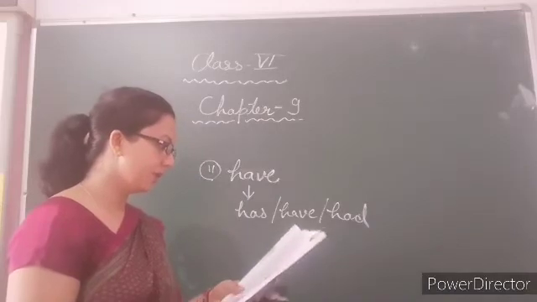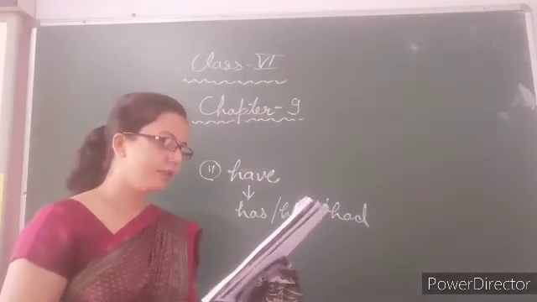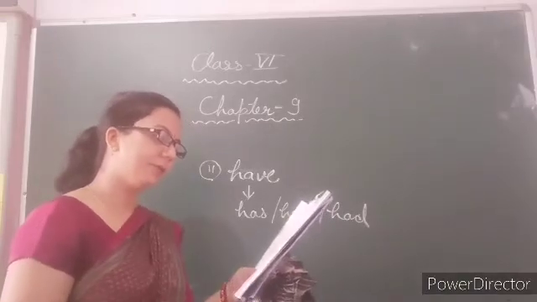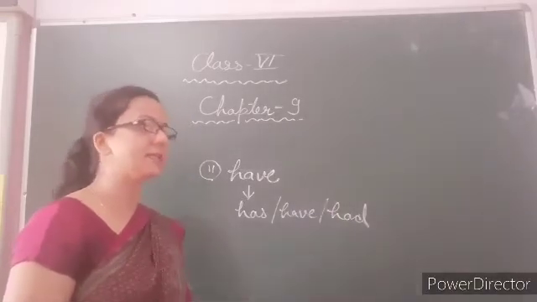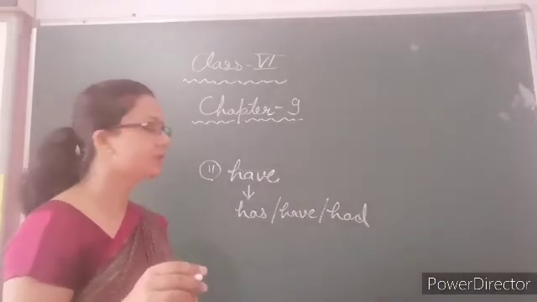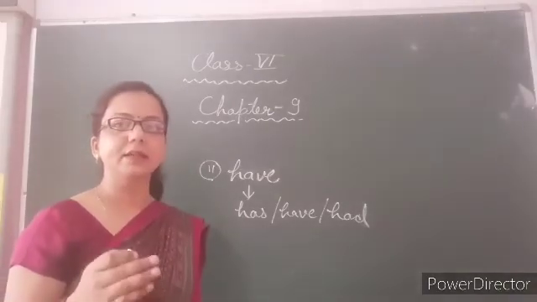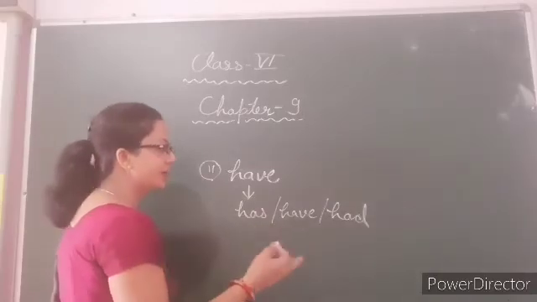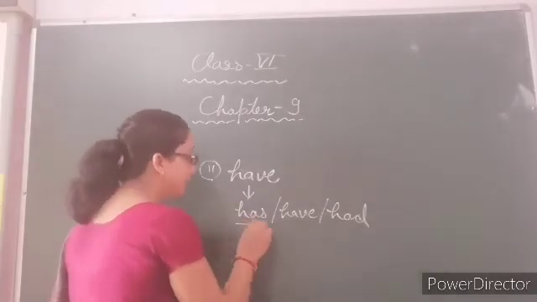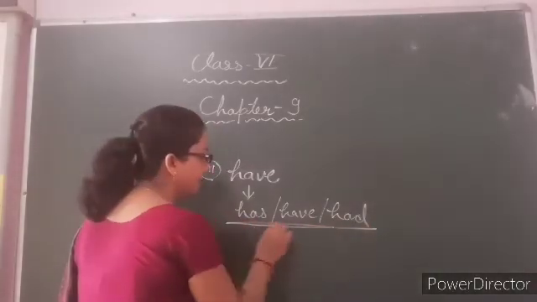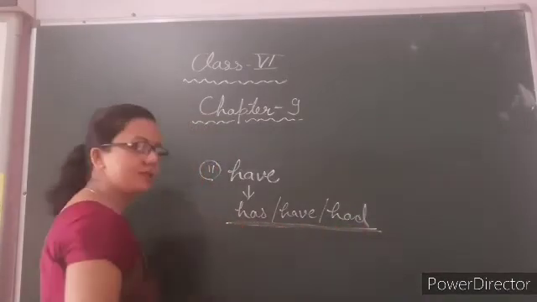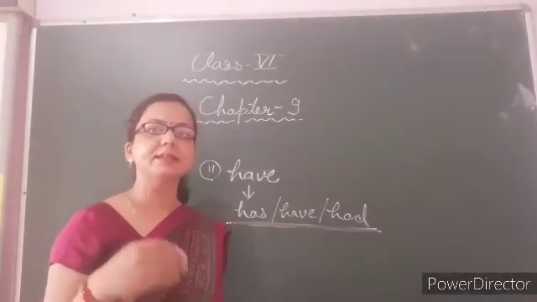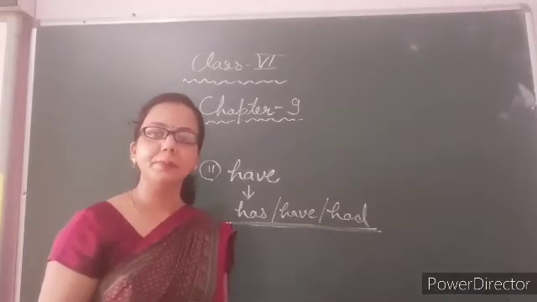A third one, we also use the verb have as a helping verb before the main verb to form the perfect tense. Yes, you have seen in your perfect tenses, whether about present or past, that we use it as a helping verb, like she has eaten 4 apples.